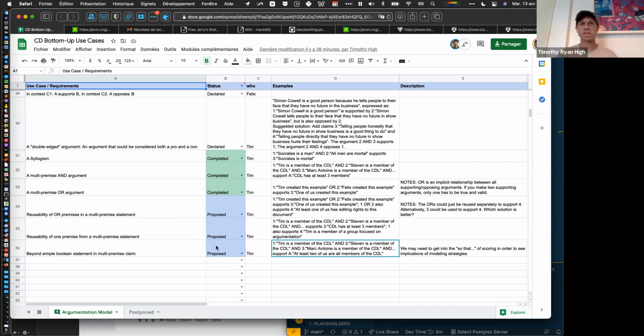I added the or thing later because I was going to find an and that requires that. But one interesting thing to reflect on here is there's a second way to create an argument in support of 4, right? Which is you support 4 with 3. If 3 is true, one of us created this example.